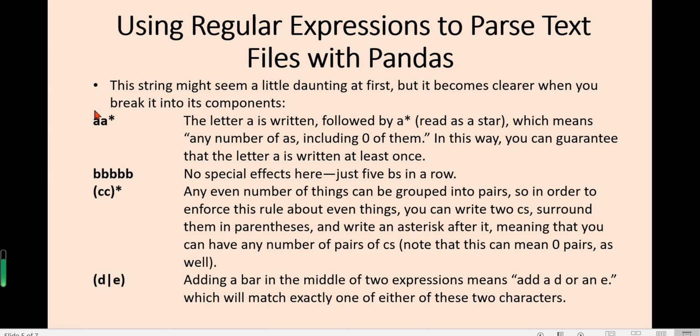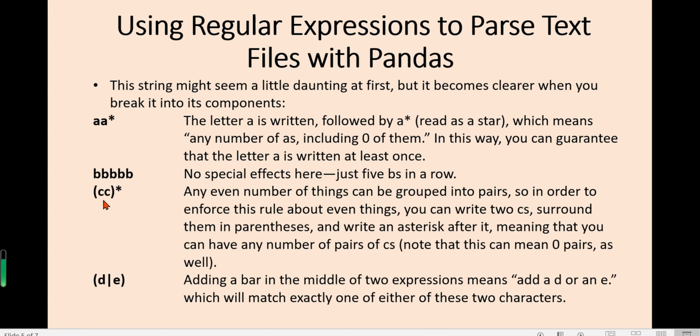So together this means that A will occur at least one time. B{5} is very clear, just 5 B's.